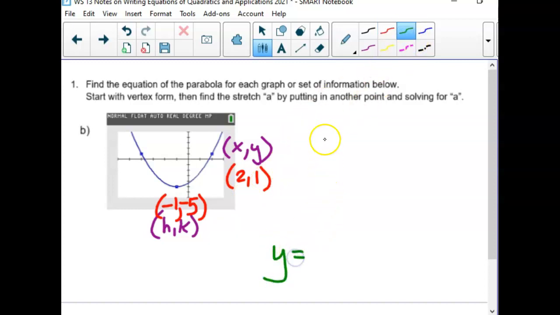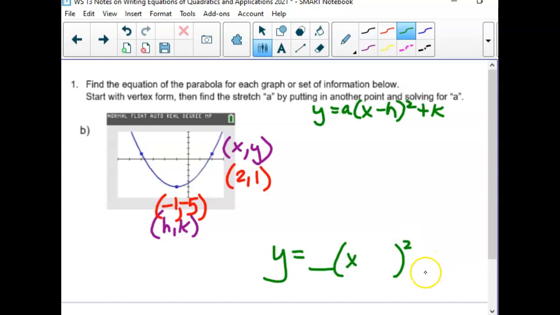So vertex form, and some of you might just need to keep writing that down until it sinks in, is going to have an A and then X. What's going to go in the parenthesis? Anybody tell me that? X minus negative 1 would be plus 1, and plus K on the back will be negative 5.